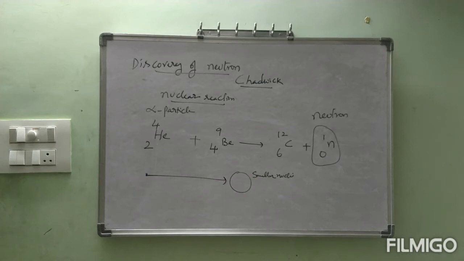This is the nuclear reaction between alpha particle and beryllium. In this nuclear reaction, Chadwick discovered a new particle called neutron.